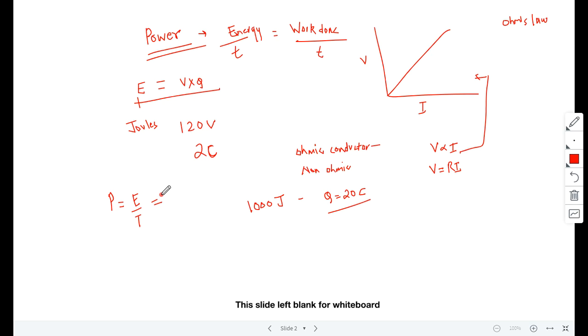Energy transferred is voltage multiplied by current. So power is voltage multiplied by current divided by time.